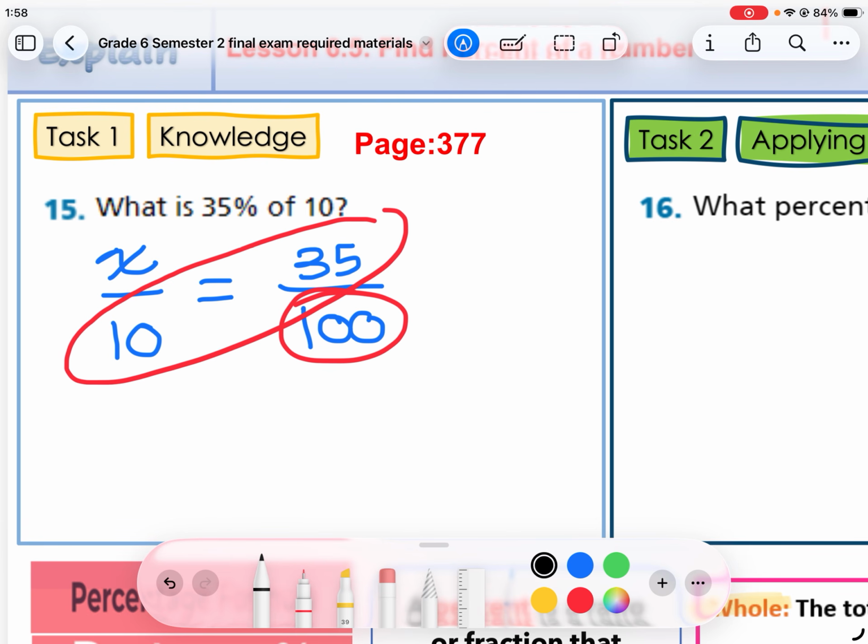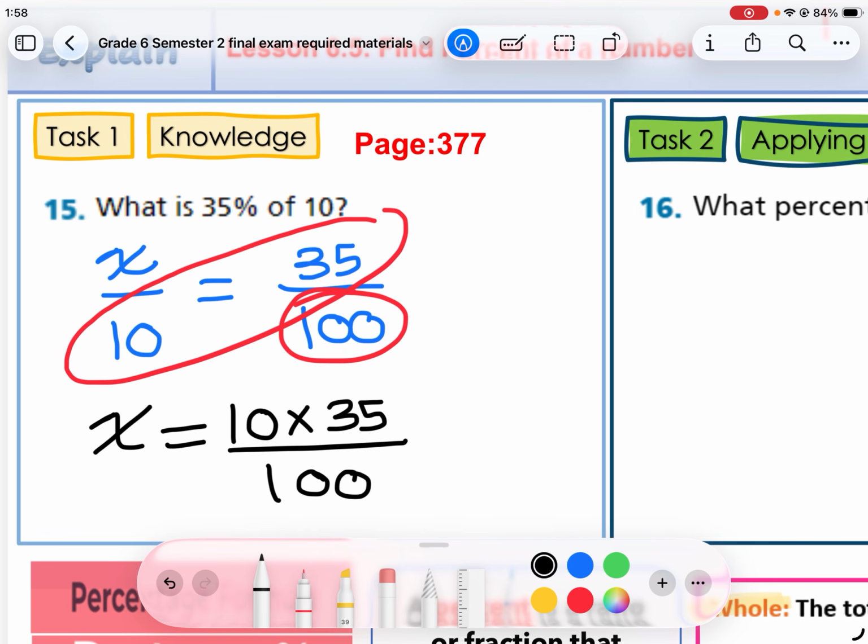So that means x will be equal to 10 times 35 divided by 100. Let's multiply. 10 times 35, the basic fact is 1 times 35, 35, and the 0 we just copy. Divide by 100.